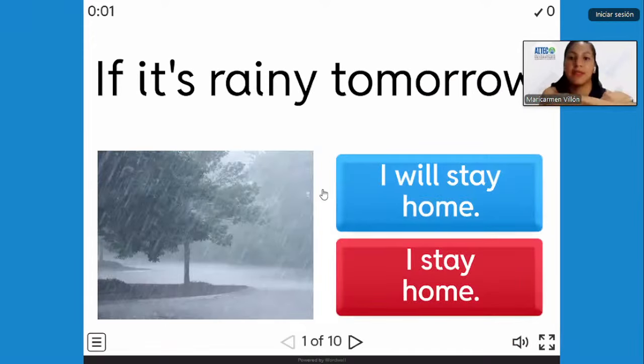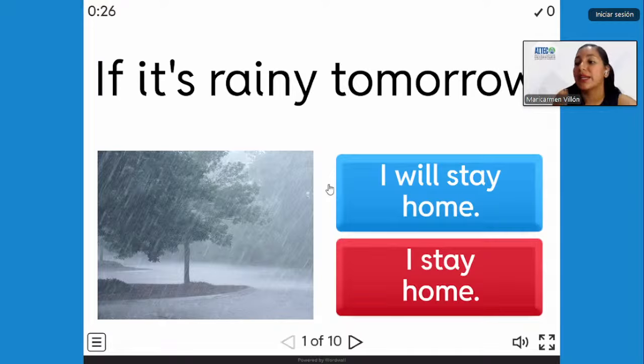Yeah, there it is. If it's rainy tomorrow, está este if, si está mañana. Eso, very good. Es sencillo, es ya cuando lo veamos, mejor que los estemos viendo los tres en conjunto para que se les haga sencillito entender cada uno.